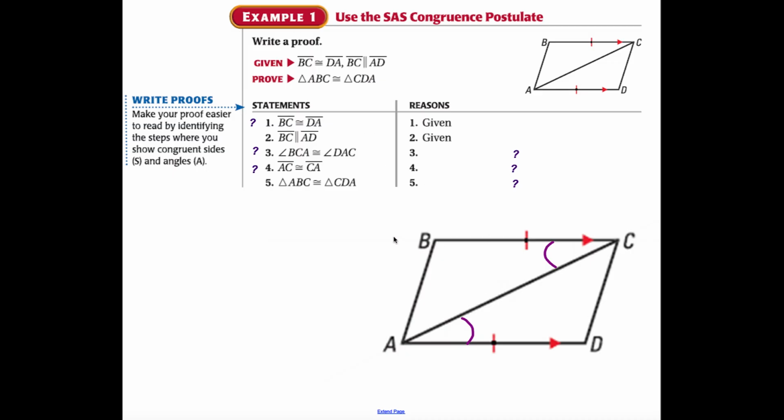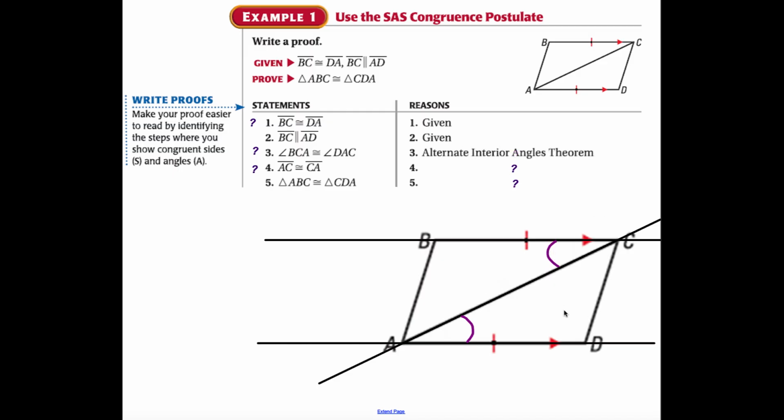If you extended those lines a little bit, and then extended that kind of line going across there a little bit, suddenly it looks like we have parallel lines and a transversal. It's kind of taking us back to chapter 3. And I'm pretty sure we would describe these two angles as alternate interior angles. They're in between the parallel lines on opposite sides of the transversal: alternate interior angles.